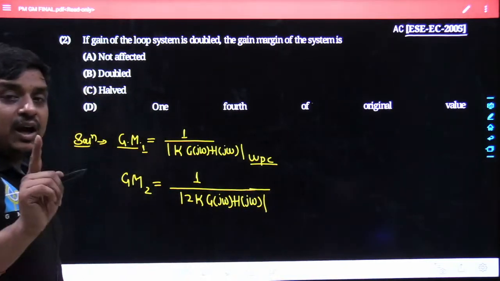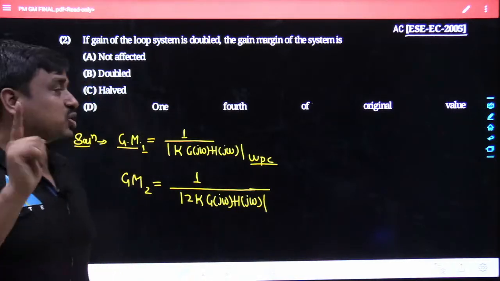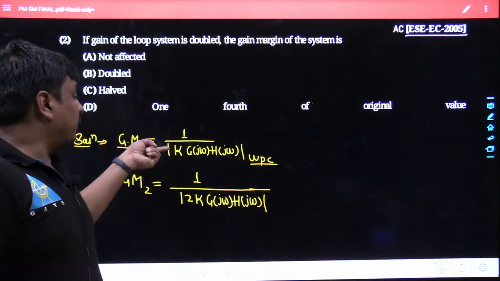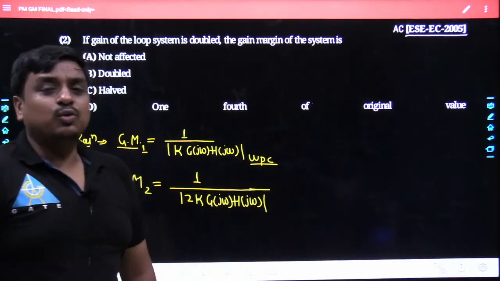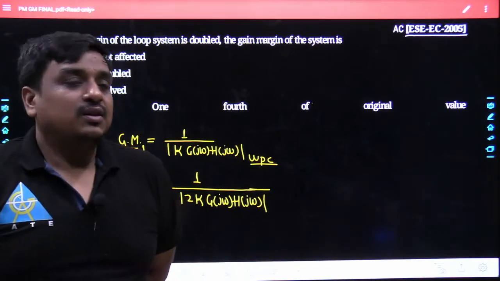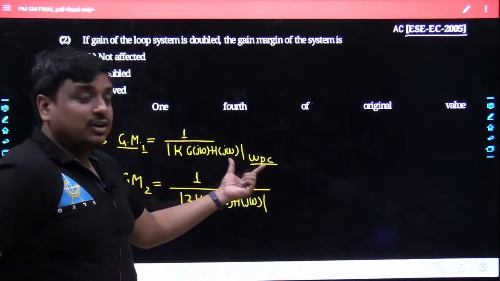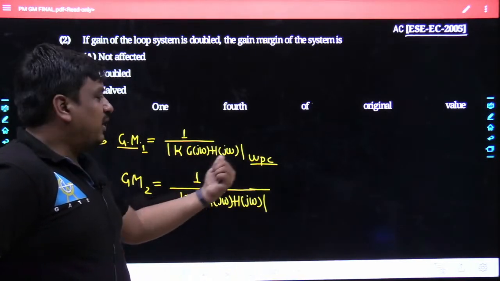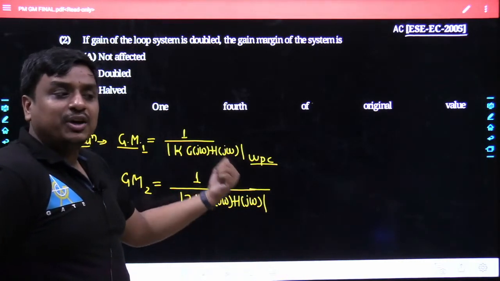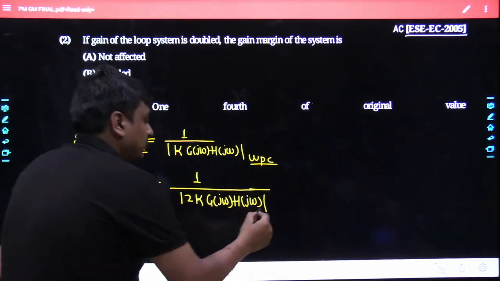I would like to ask one thing from each one of you. If the value of k has changed from k to 2k, would the value of omega pc remain the same or would it change? It will remain very same. Why?